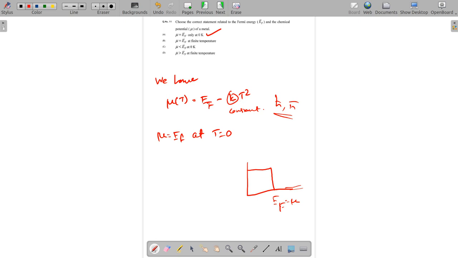So at T equal to 0, these are basically the same, Ef equals mu. What about mu equals Ef at finite temperature? That is not true because mu changes. Mu less than Ef at 0 Kelvin is not true, since Ef is a positive quantity. Mu greater than Ef at finite temperature is also not true.